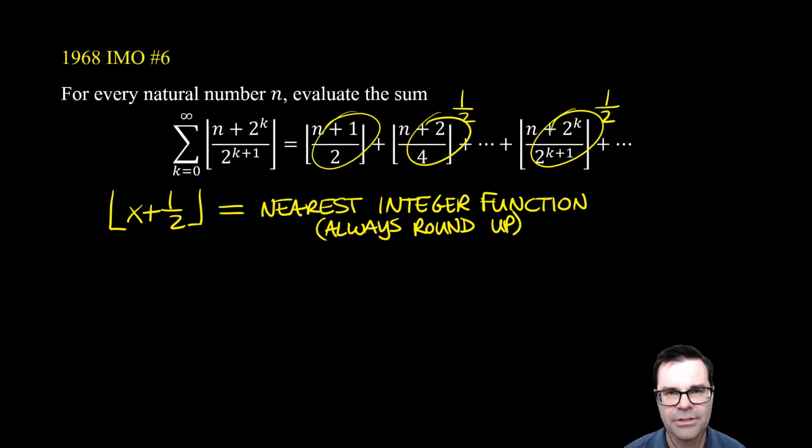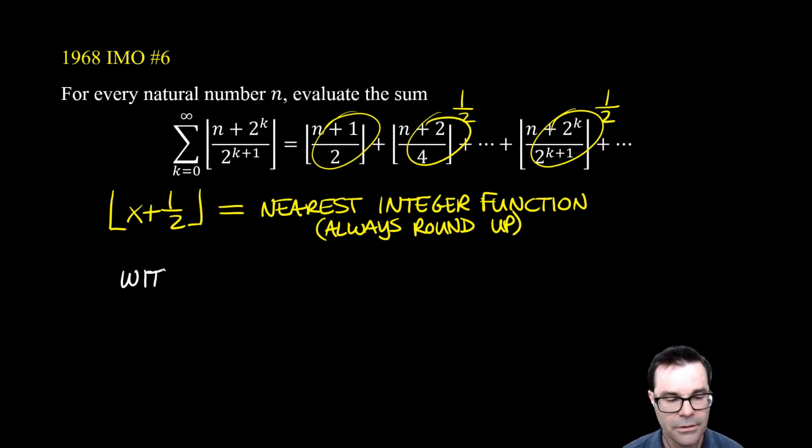So let's go back to our series here on the right. Given that the floor of x plus 1/2 is really just the integer that's closest to it, if n was really large, then I could just pretend that this was just n. So let's pretend that we didn't have this function here and we just tried to add up all these different terms. The first term, instead of being n over 2 plus a half, would just be n over 2.